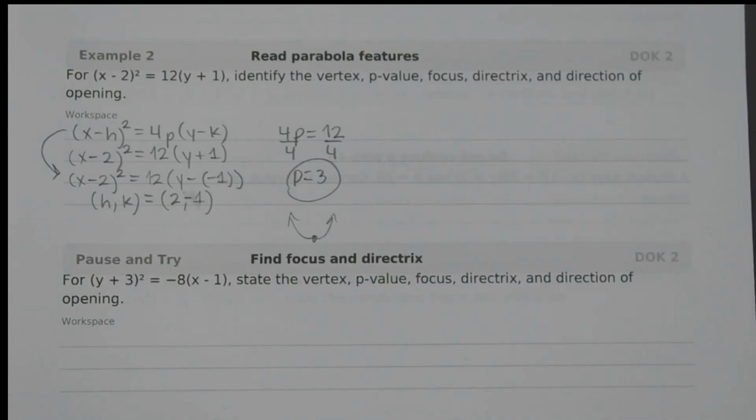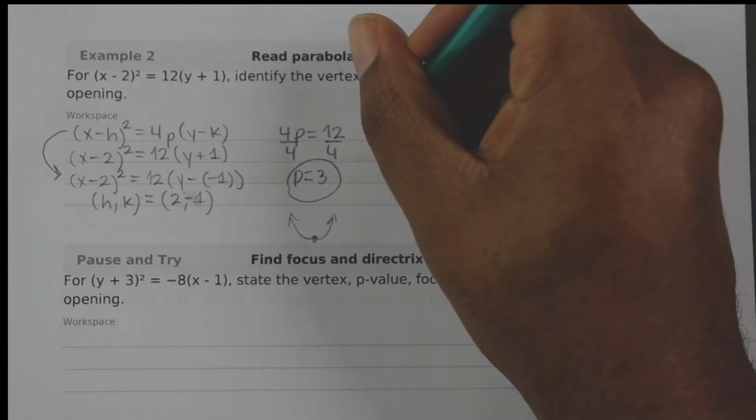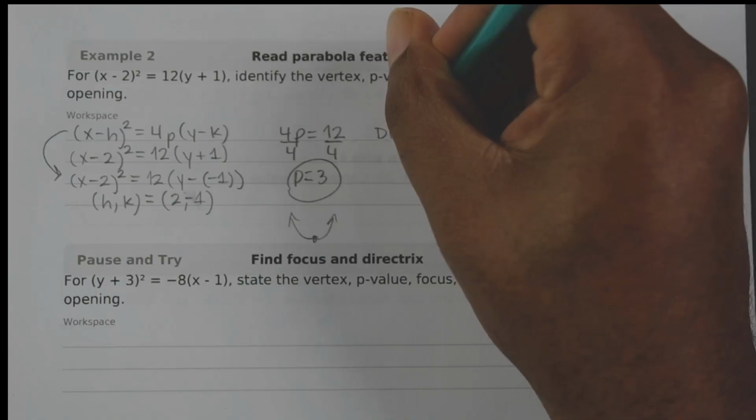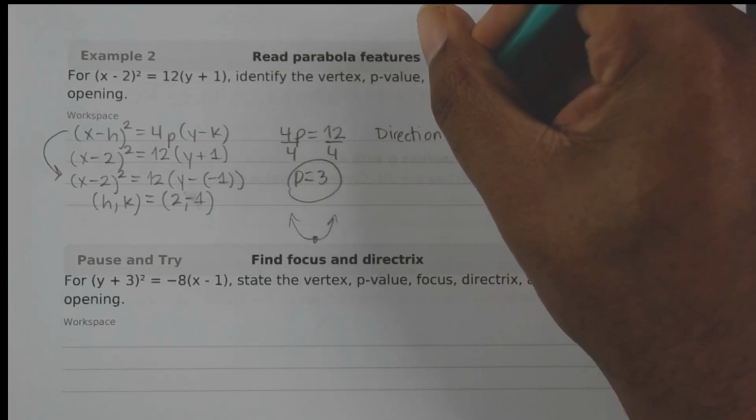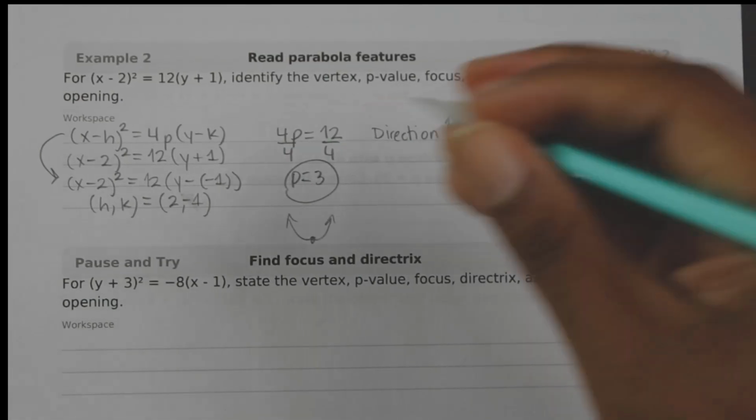So again, the direction is up. For a vertical parabola, the focus is p units above or below the vertex. Since p is positive, we move up 3 units from the vertex. So the vertex is here.